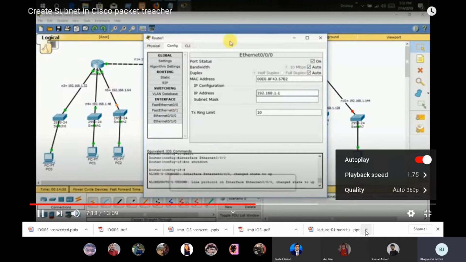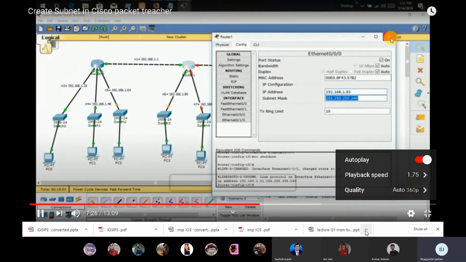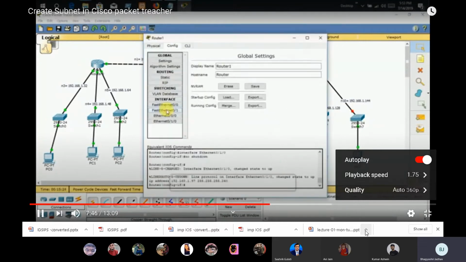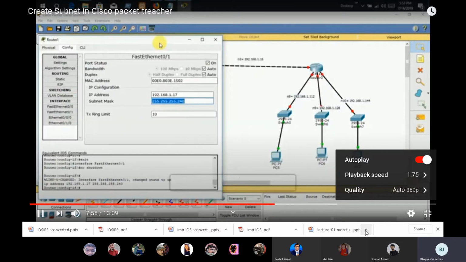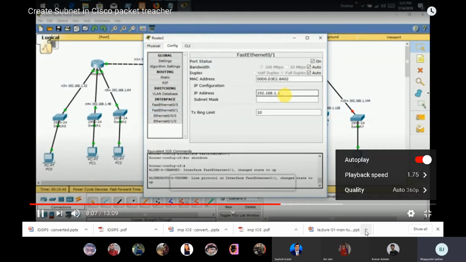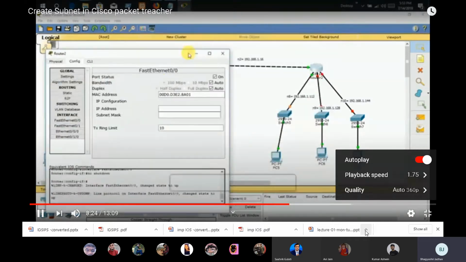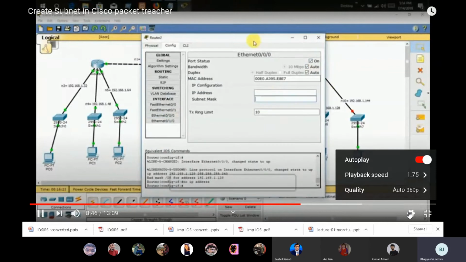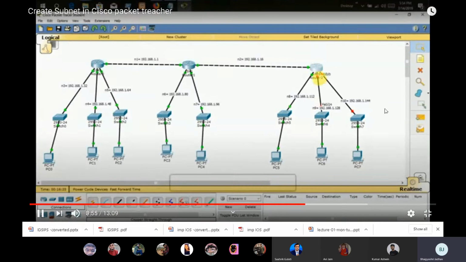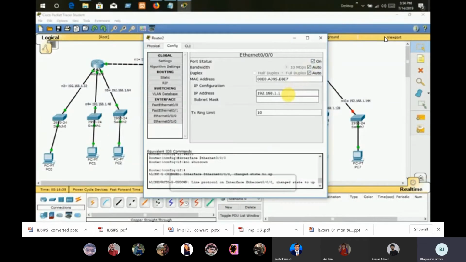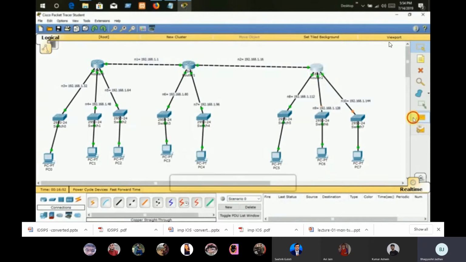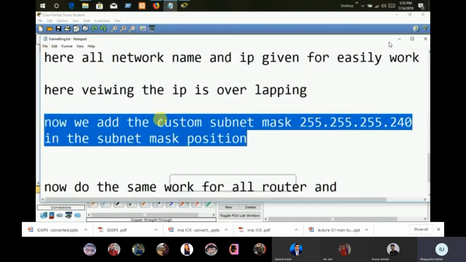For every router and every switch, he is assigning an IP address and subnet mask initially.